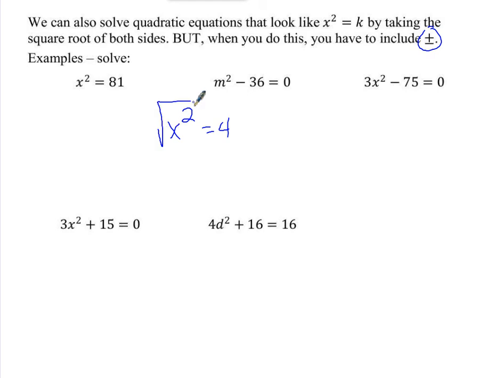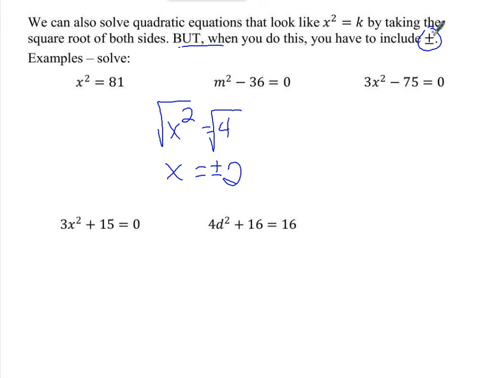So when I take the square root of both sides of an equation, the square root of x squared is just x, equals the square root of 4, which is 2, but I have to say plus or minus because both of those numbers actually make the equation true. Okay? That's what this right here is saying. When you take the square root of both sides of an equation, you have to include plus or minus because the positive version of 2 and also the negative version of 2 work for the equation. That's one of the trickiest things. You can lose points on a quiz or a test if you leave off the plus or minus, so you have to remember that.